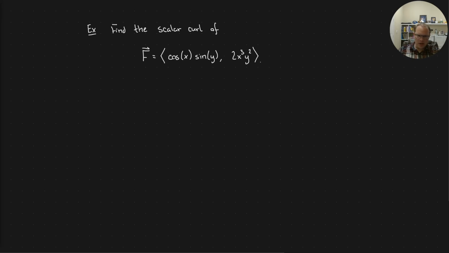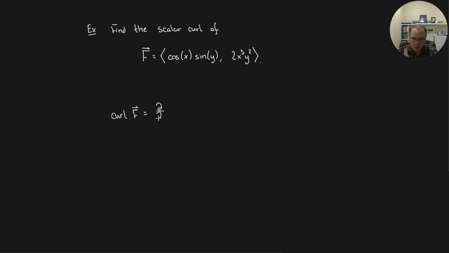Let's see a quick example of this scalar curl. So here we have a two-dimensional vector field. So if we're going to take the curl of this, we're taking the scalar curl. So the scalar curl of this two-dimensional vector field, we're going to take the partial derivative of the second component with respect to the first variable.